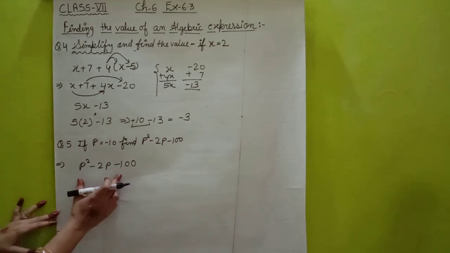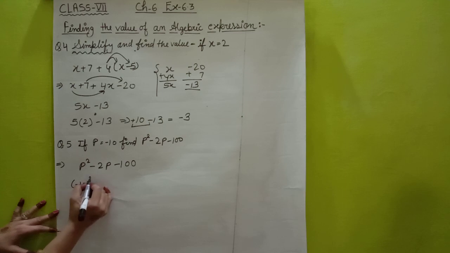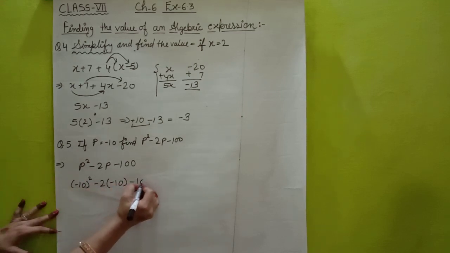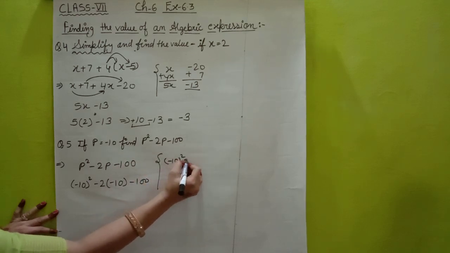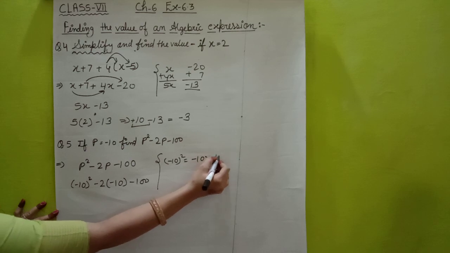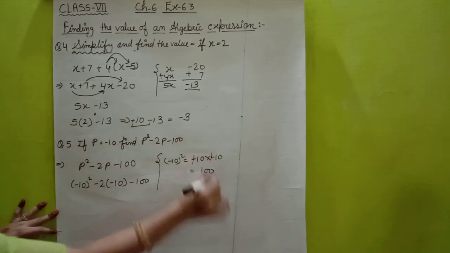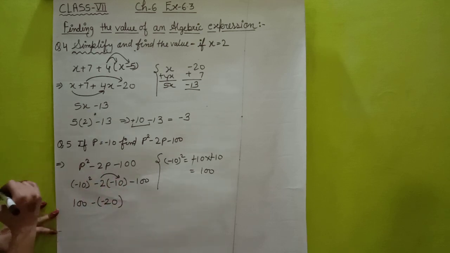Now directly we can put the value of p, that is minus 10. Minus 10 square, then minus 2 times minus 10, then minus 100. Students, minus 10 square means minus 10 multiply minus 10, it will be 100, both minuses cancel out. Then minus 2 multiply minus 10, 20 with the plus sign.